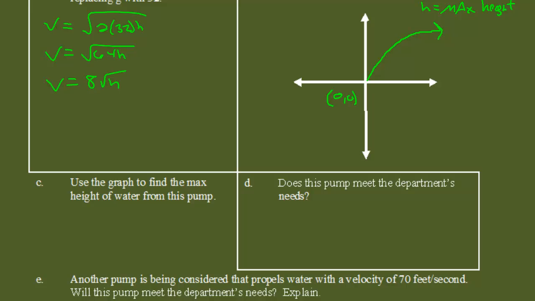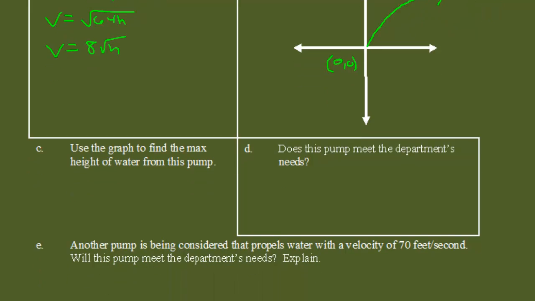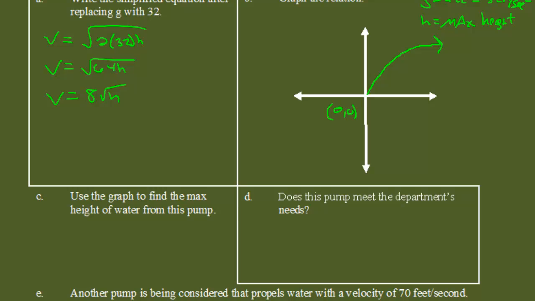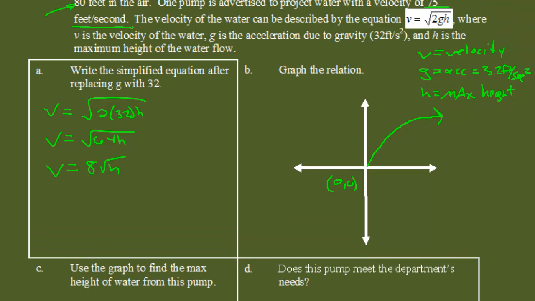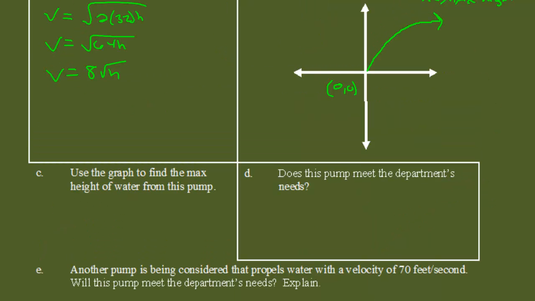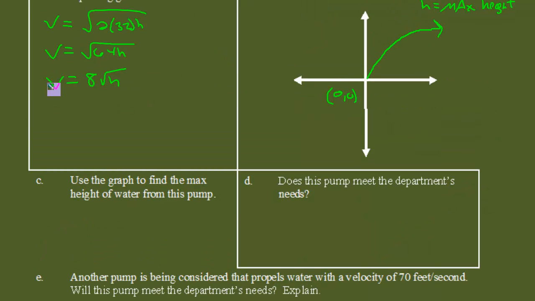C, use the graph to find the maximum height of the water from this pump. Well, this pump is referring to the pump that's advertised at 75 feet per second as the velocity. I'm not going to use the graph to do that. I'm going to use part A to do that.